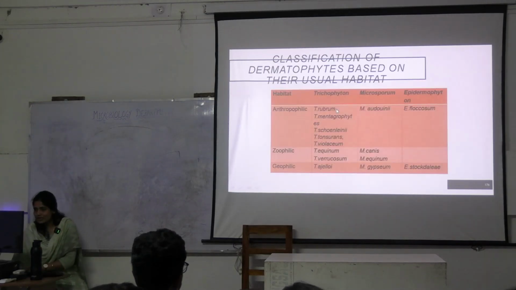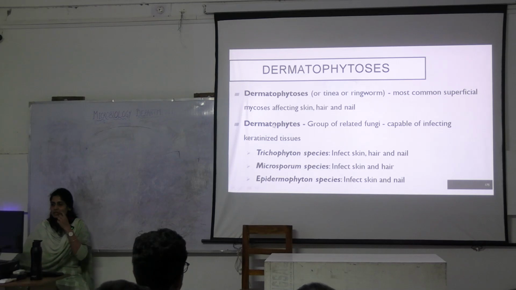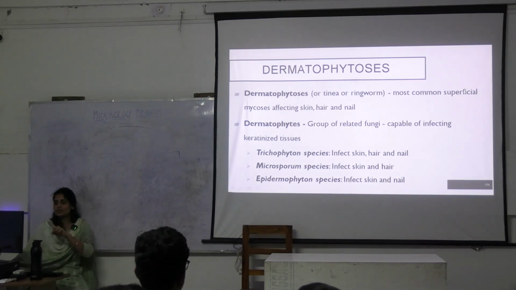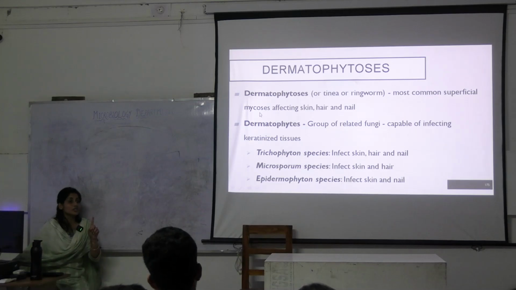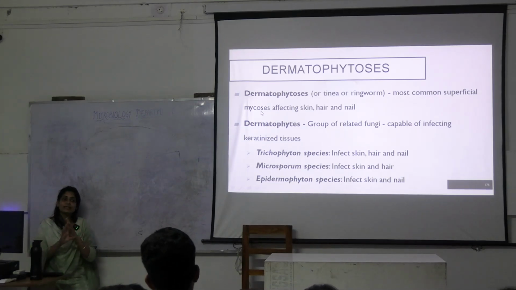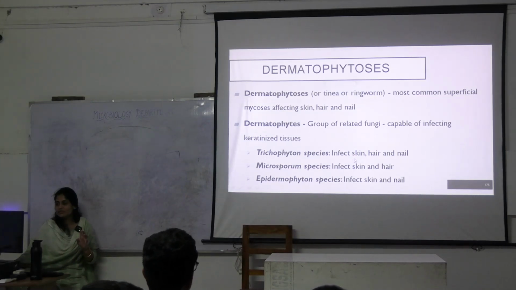Now, since we are studying dermatophytosis, it is the most common superficial mycosis, which is affecting what? Skin, nails and hair. So whenever you think about trichophyton, see there is tri. Trichophyton species will infect what? 3: skin, hair and nail.